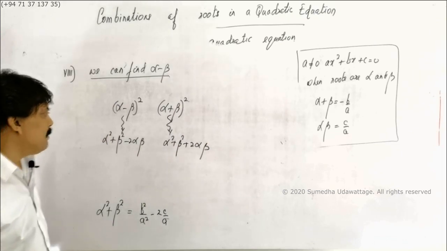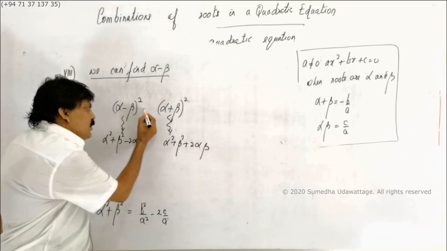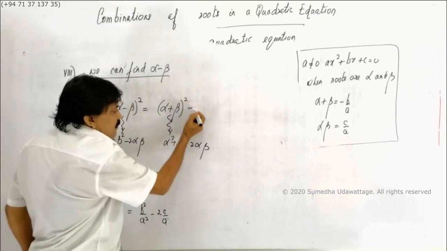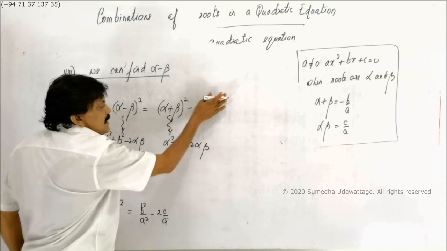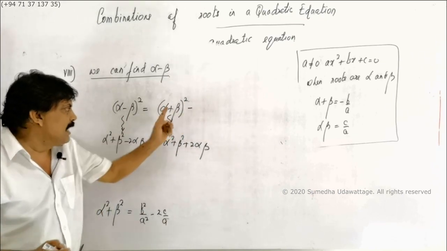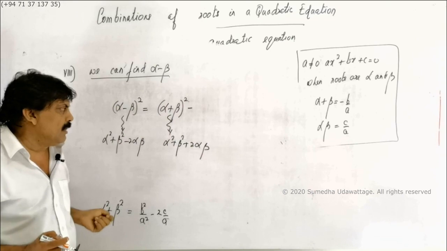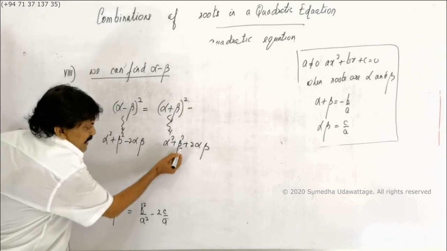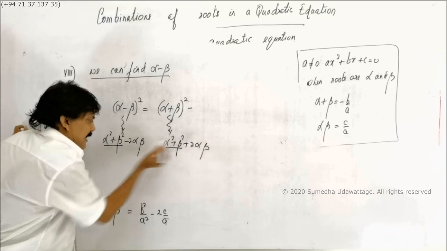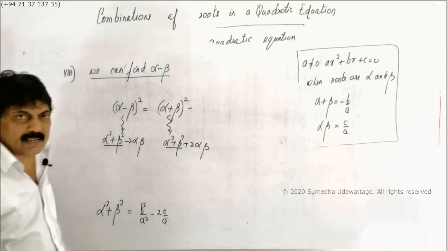Now tell me, if these are to be made equal, what value do we have to subtract from this so that the two values would be equal? Alpha square and beta square are common, there is plus 2 alpha beta here and minus 2 alpha beta there.